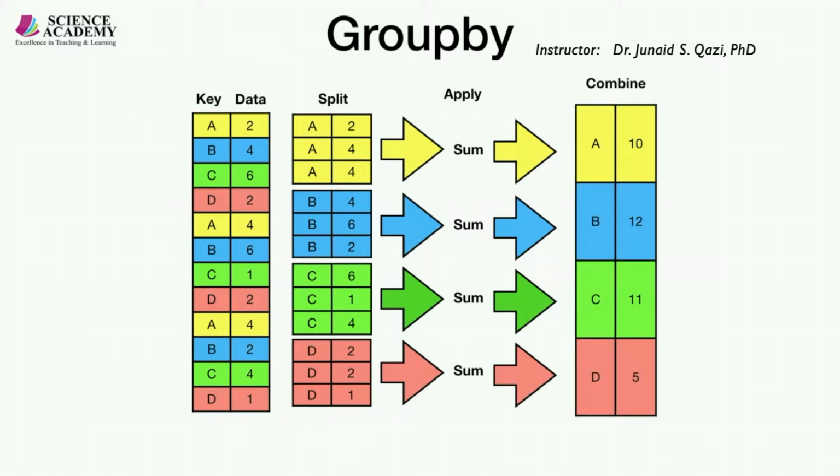In the final step, which is combine, the results of the applied functions in the apply step are combined into a resultant object. So all these three steps, split, apply, and combine, are applied within a GroupBy function, and we get a result at the end. Let's move on to the Jupyter Notebook and learn with examples now.